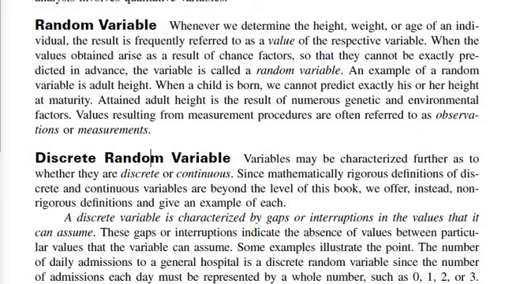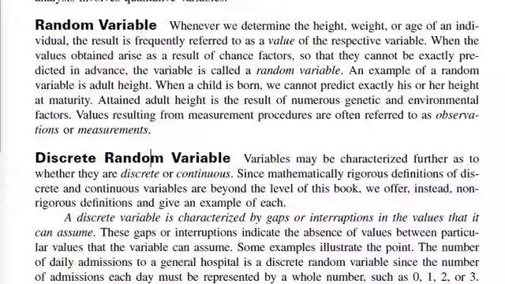An example of a random variable is adult height. When a child is born, we cannot predict exactly his or her height at maturity. Attained adult height is the result of numerous genetic and environmental factors. Values resulting from measurement procedures are often referred to as observations or measurements.